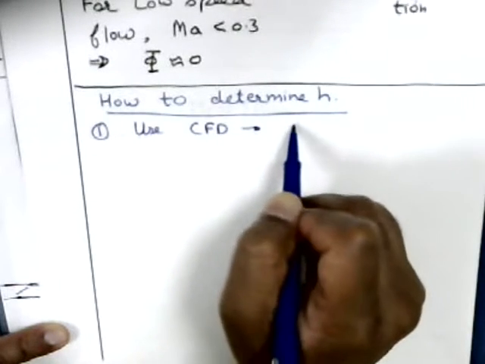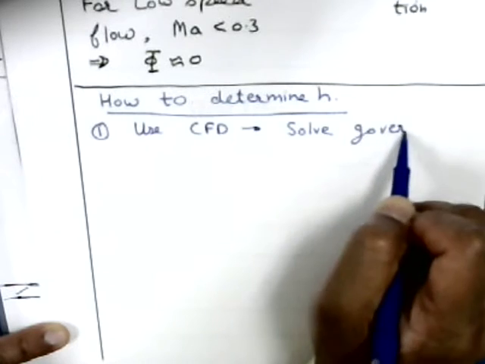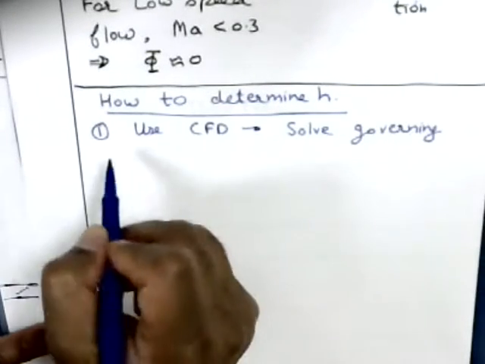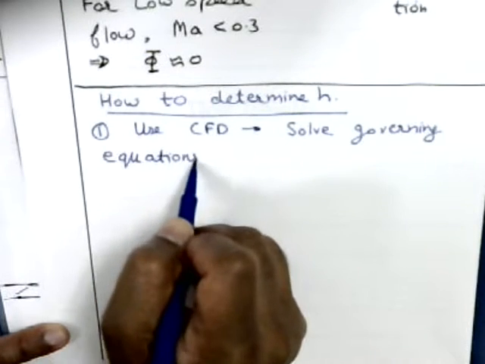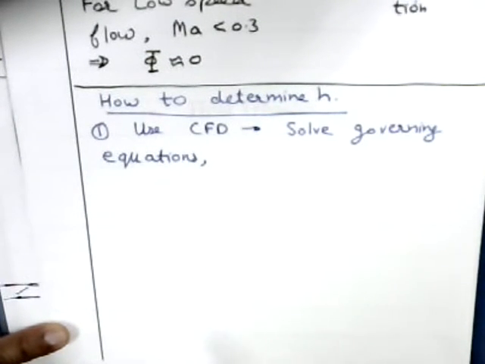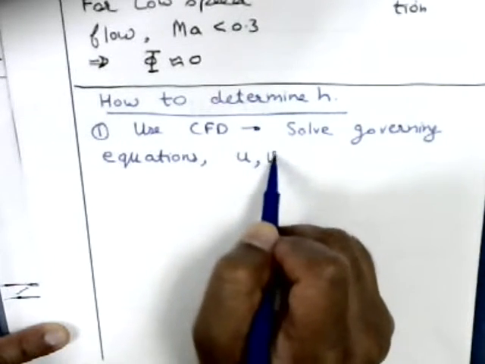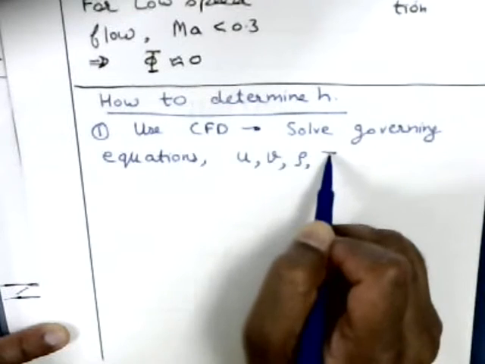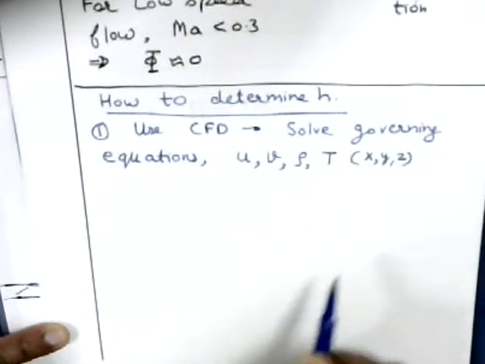So we solve the governing equations we just derived using computer, and you are going to get how velocity, density, temperature, all these things vary with x, y, and z.